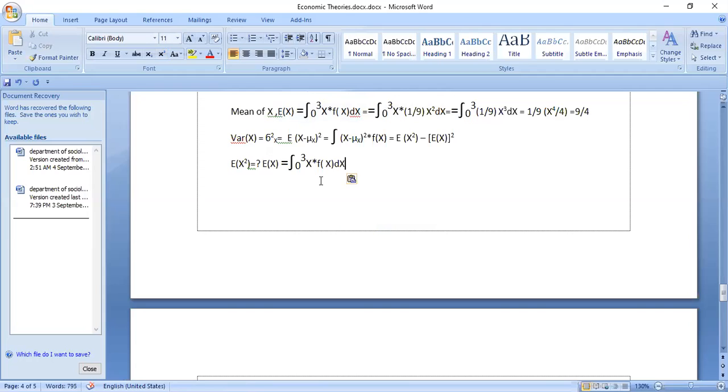However, you will have, instead of x, you will have x squared. Can you find now?